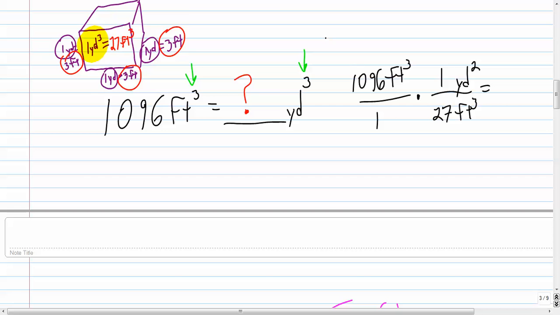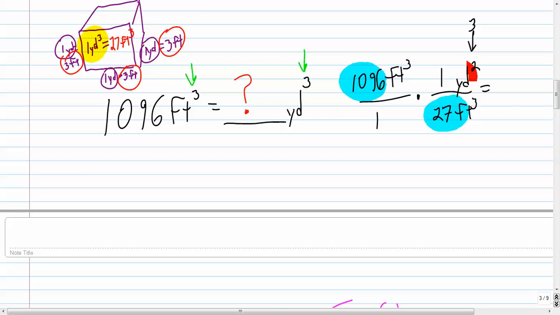I'm going to have this number divided by that number, and what's going to cancel out? My cubic feet are going to cancel out, and I'm going to be left with cubic yards. And why did I put a square there? Hasty. My software's messing up, but trust me, that's a 3.